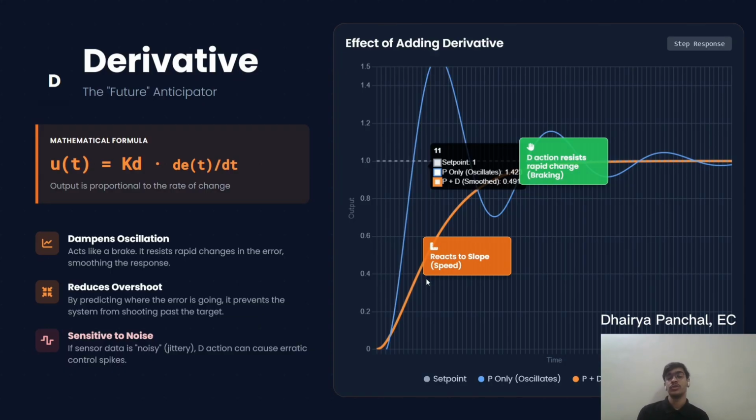You will never use only an integral controller or only a derivative controller. You will always use a combination of proportional and integral, or a proportional and derivative, or just a proportional controller. A proportional controller becomes an on-off controller, or the combination of three of them, that is a proportional integral derivative, or PID, right? So your response is smoothed out, right? Your output still would never reach steady state.